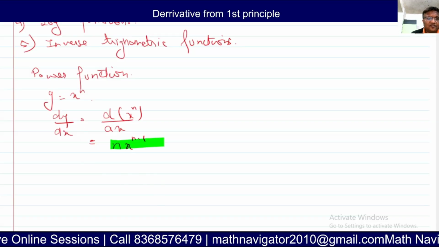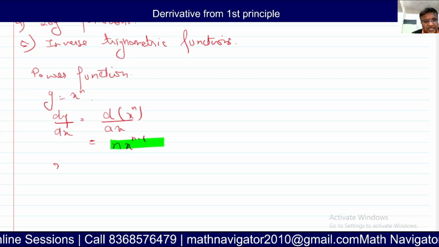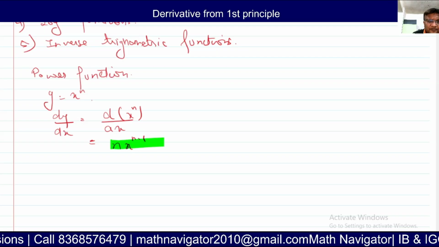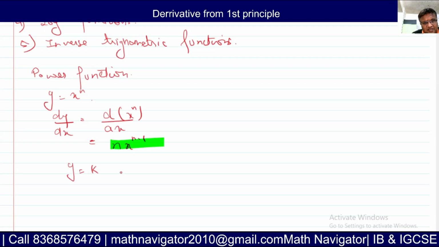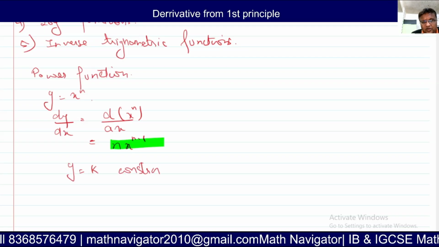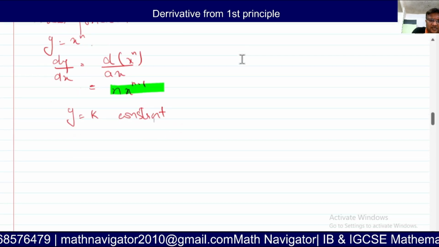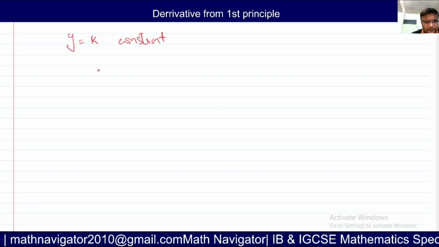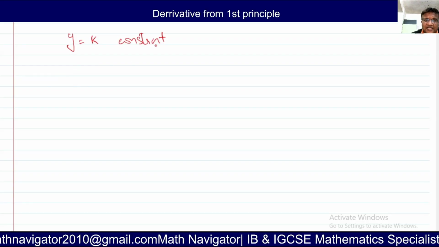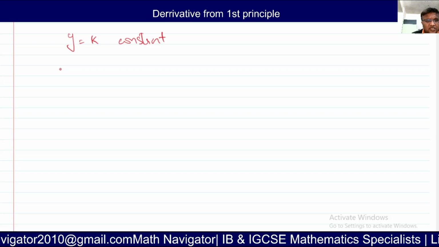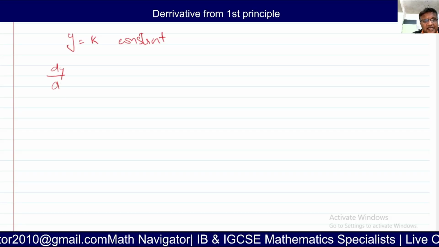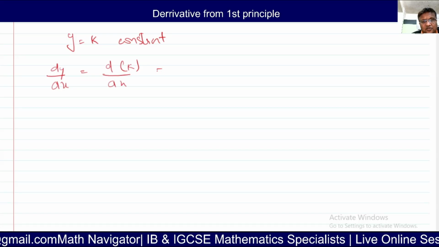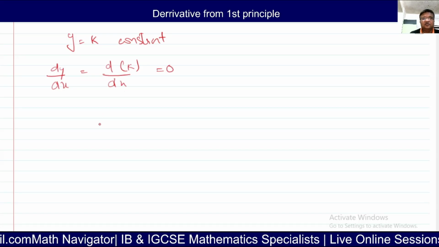And then let's say if you have y is equal to k, that means it is a constant. So if I have y is equal to k as a constant, then what happens? dy by dx is equal to d of k by dx, which is equal to 0. Which means what?